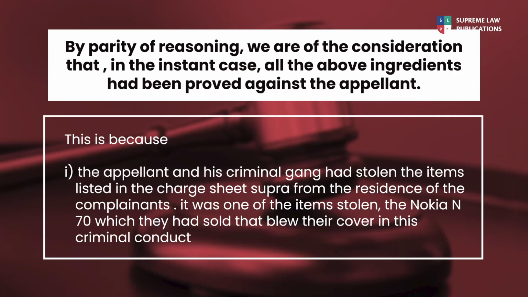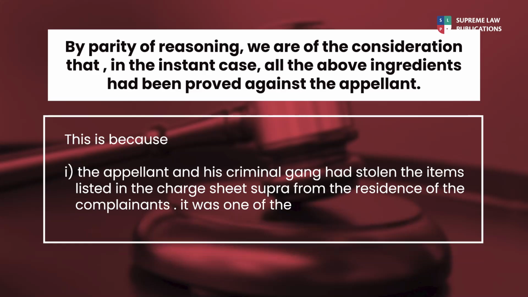This is because the appellant and his criminal gang stole the items listed in the charge sheet, supra, from the residence of the complainant. It was one of the items stolen, the Nokia N70, which they sold, that blew their cover in this criminal conduct.